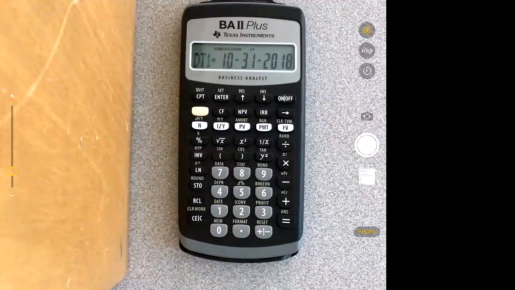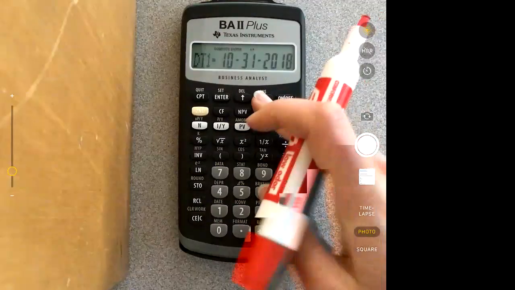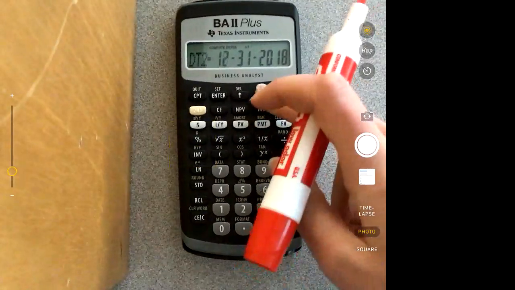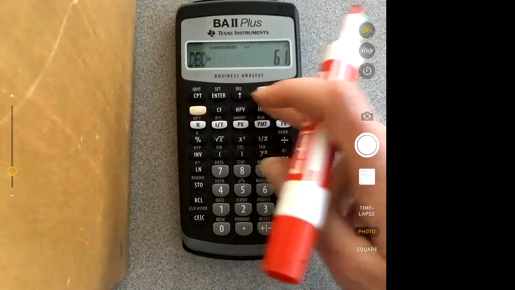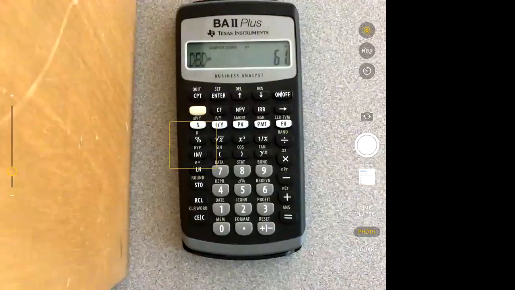So this date function has 3 levels, right? You can use your up and down buttons to scroll through. It needs to know the first date, the second date, and then it'll show you the days between those 2 dates.